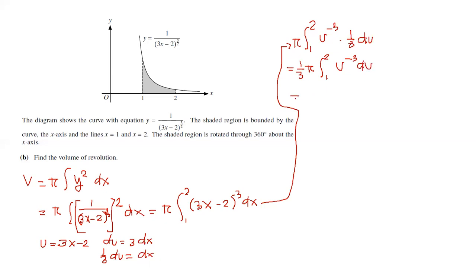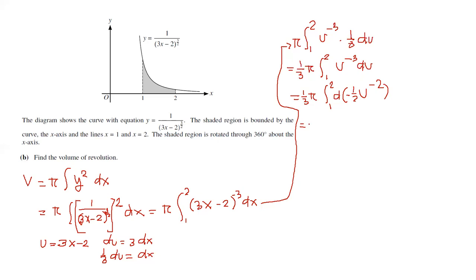Okay, 1/3 pi times this, and u, the outcome: negative 3 plus 1 is negative 2, and this is negative 1/2 in front of u squared.